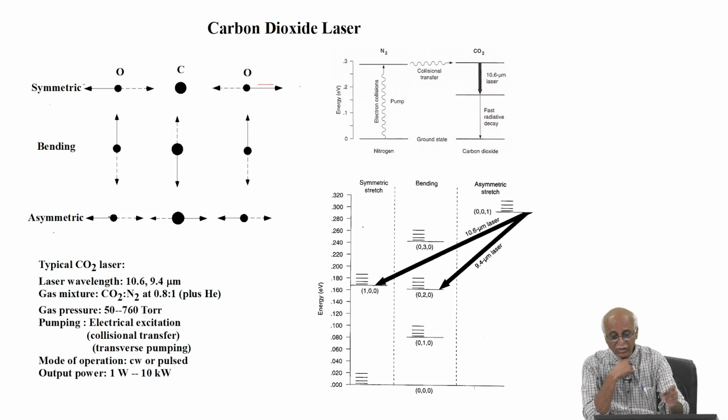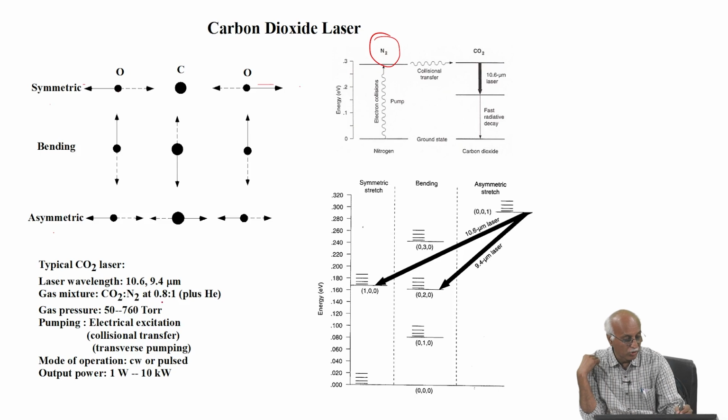Now, first of all, in a CO2 laser, electrical discharge takes place through pumping of N2, nitrogen. So, nitrogen is excited first through electrical discharge in a mixture of nitrogen and CO2.